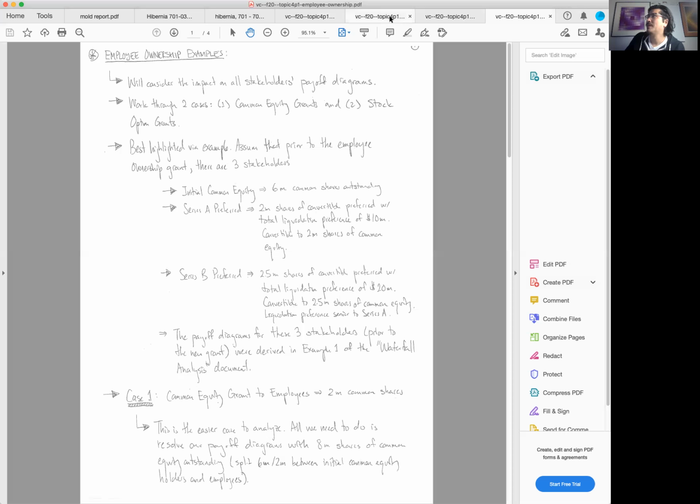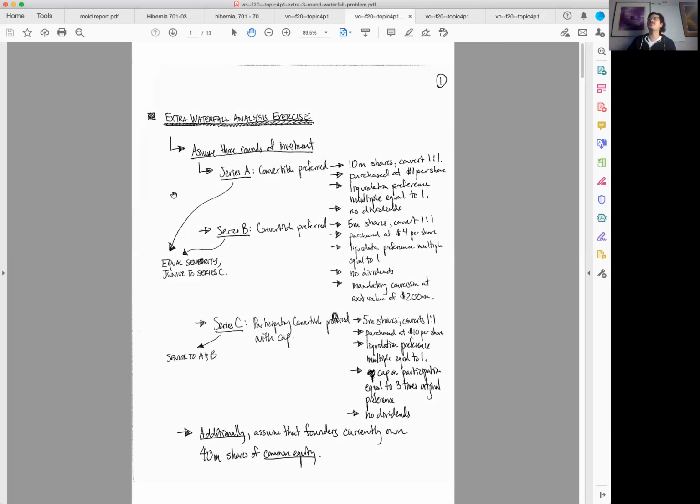Okay? So now let's go to our extra waterfall analysis exercise, which is a 3-round waterfall. So we will have a Series A, Series B, and Series C. Folks okay with this? By the way, I'm putting some bells and whistles into this to make it more complex. In particular, Series A is still convertible preferred like before.